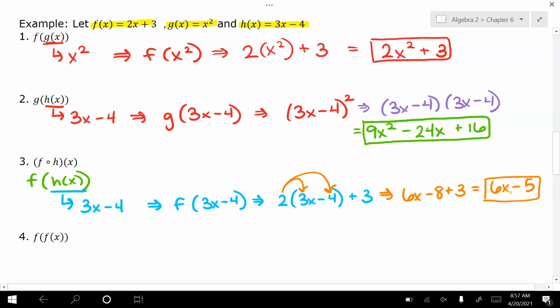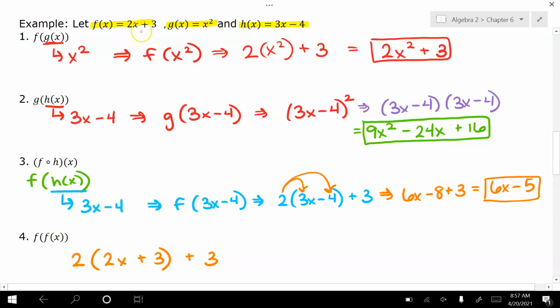So number 4 says f of f of x. This means that we're taking f's function and we're putting it into itself. So f's function is this 2x plus 3. So we're putting 2x plus 3 in for the x that we see there. So for that function, we're going to do 2 times 2x plus 3, and then you still have plus 3.